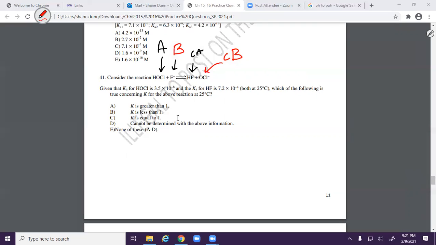You're correct, but you guessed. Okay, the way you can tell is if I look at the Ka value: the bigger the Ka, the stronger the acid. So which has a higher Ka?